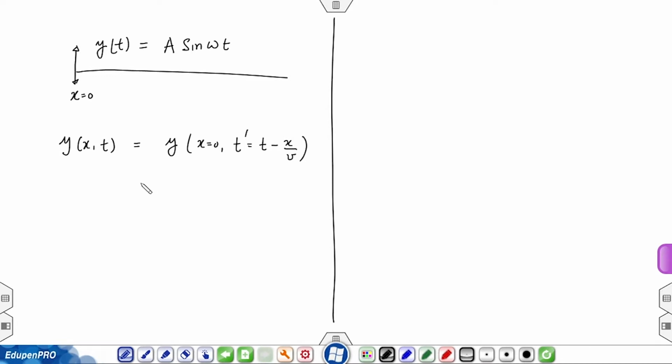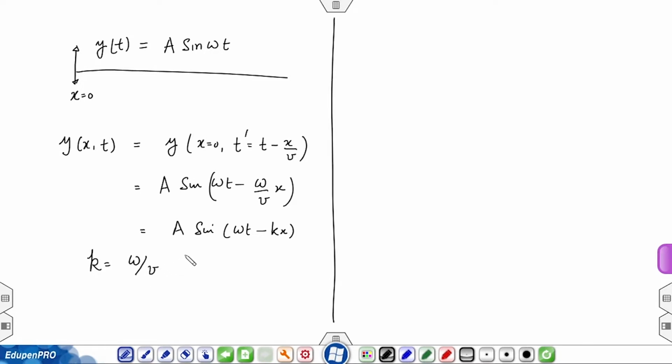So, the solution becomes a sine omega t minus omega over v x, which we write as a sine of omega t minus k x, where k is omega over v, known as the wave vector.